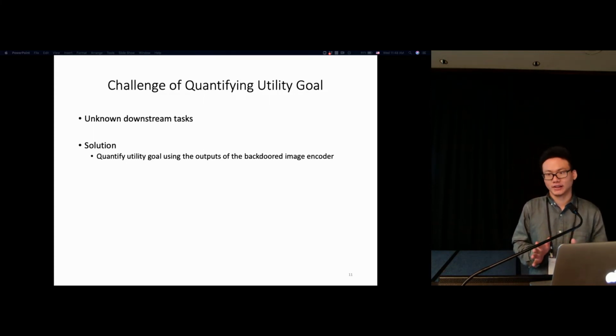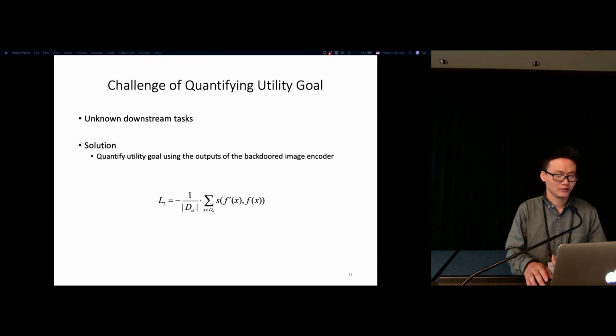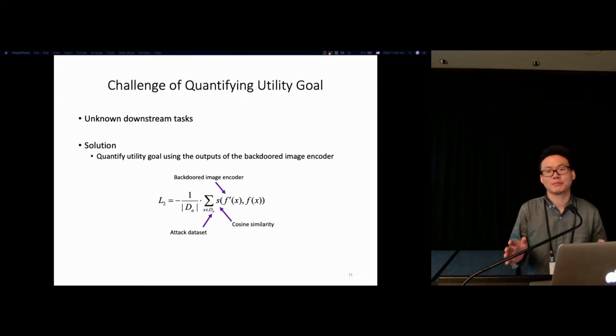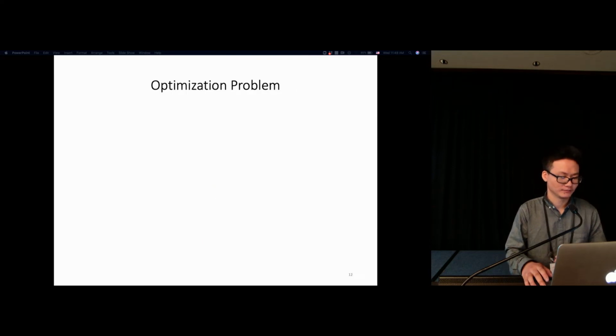In particular, we make the backdoor image encoder and the clean image encoder output similar feature vectors for images in the tag dataset. Formally, we define the following loss. D_A is the tag dataset, and x is an image in the tag dataset. s is cosine similarity, f' is the backdoor image encoder, and f is the clean image encoder.